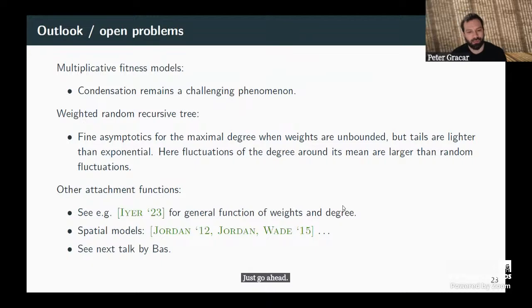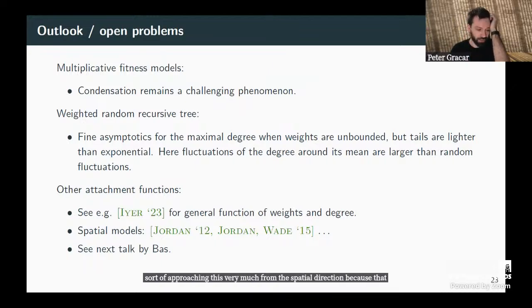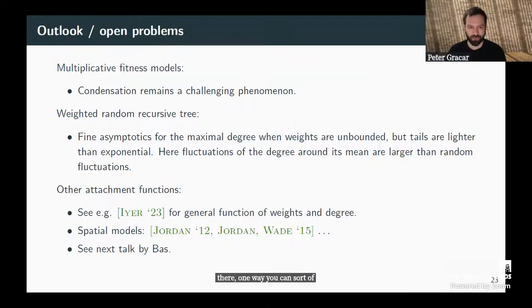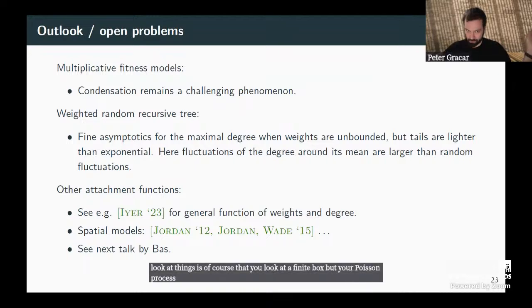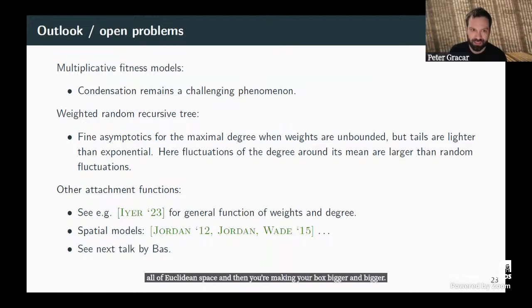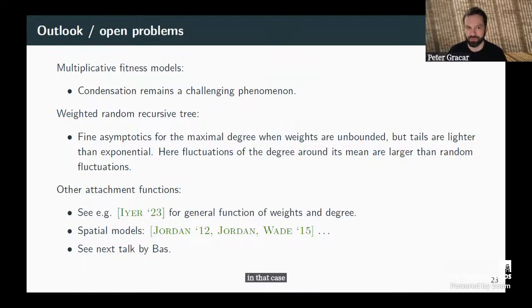Yes, so I hope you can hear me again. I'm obviously approaching this very much from the spatial direction, because that's what I'm most familiar with. There, one way you can look at things is that you look at a finite box, but your Poisson process is realized on all of Euclidean space, and then you make your box bigger and bigger. When you do it that way, you will find vertices that don't have age, they have a mark.